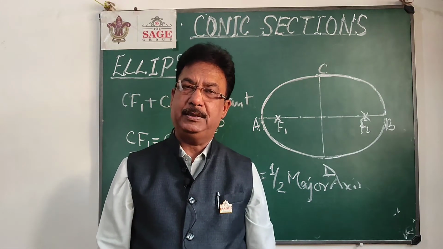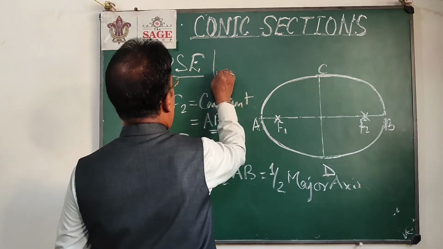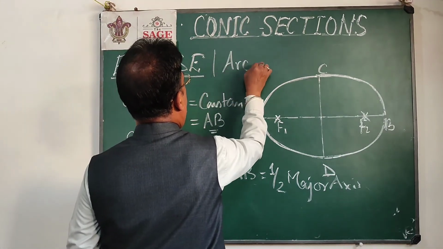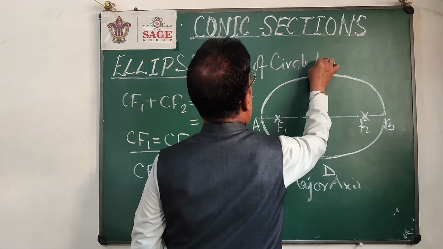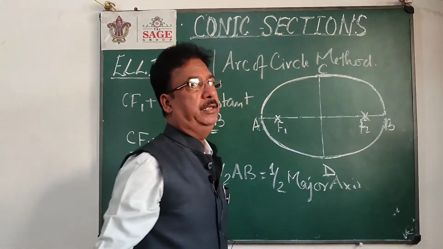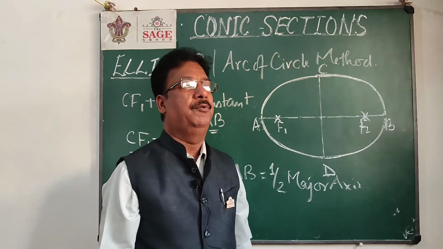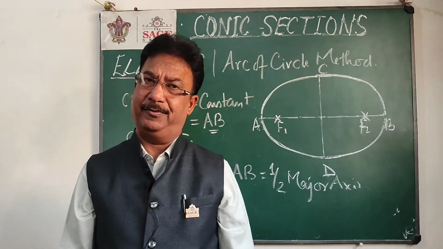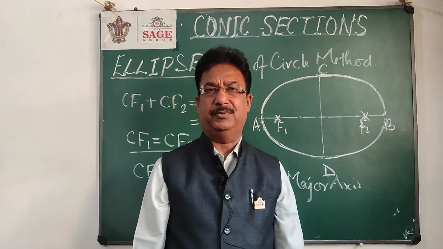Now with the help of this concept, we will use one method that is known as the arc of circle method. In this arc of circle method we use the concept of this definition, and in the next lecture I will draw an ellipse when the major and minor axes are given, following the arc of circle method.